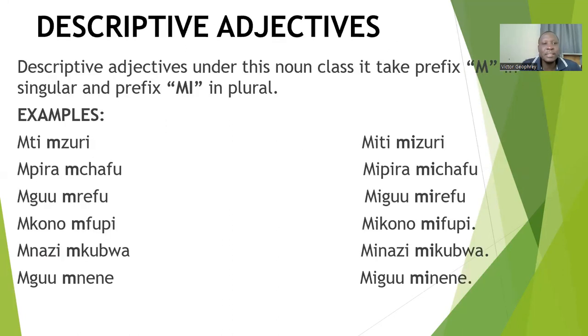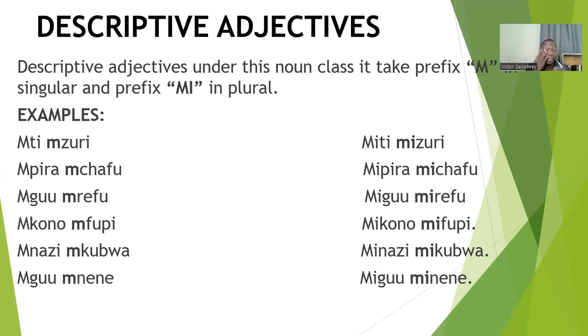Now let's see the descriptive adjectives. We finish up with the descriptive adjectives under this noun class. I think you know the descriptives, the words that are used to describe something.